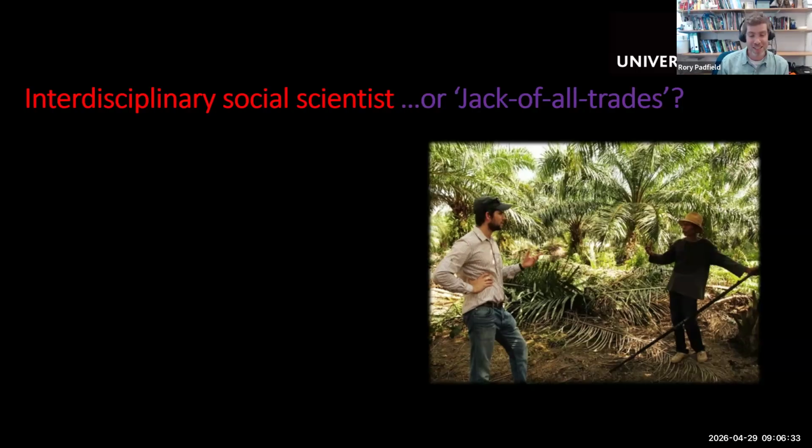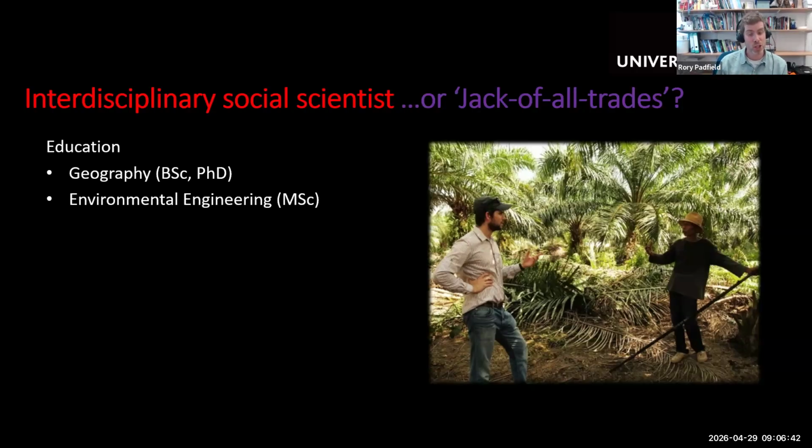Now, I don't know if jack of all trades is underselling or, again, maybe overselling exactly the extent of my knowledge, but I do feel that having a background in geography, so largely human geography, development geography, and environmental engineering, I did an MSc sandwiched between my bachelor and my PhD, has set me up quite well for the research career that I've then pursued.